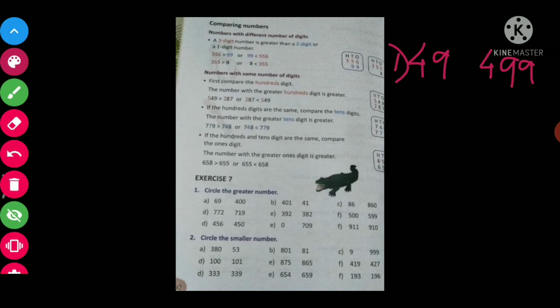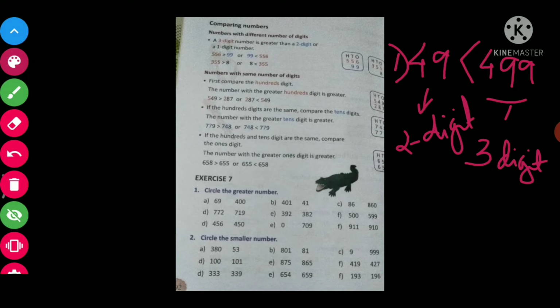So here 3 digits are there. The number that is greater in this case is 499, because this number has 3 digits and this number has 2 digits. I hope you have understood how we can compare numbers on the basis of digits.